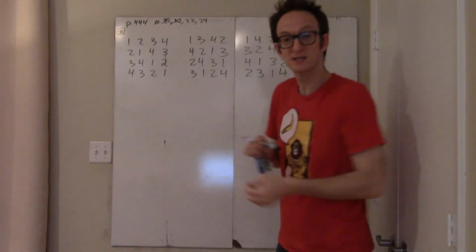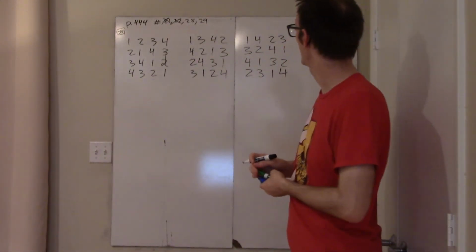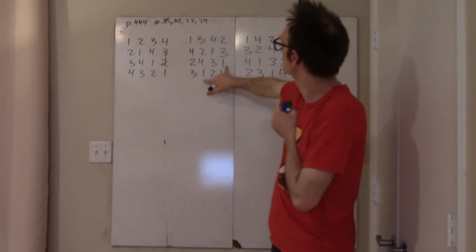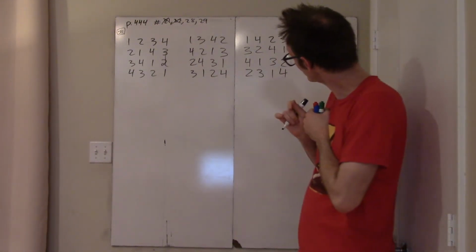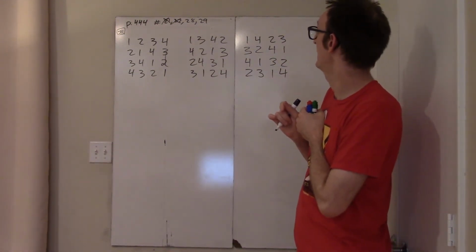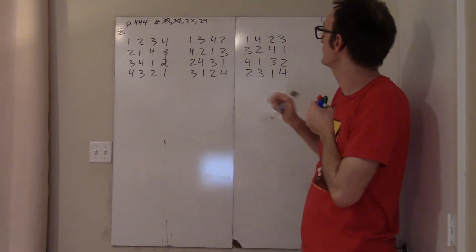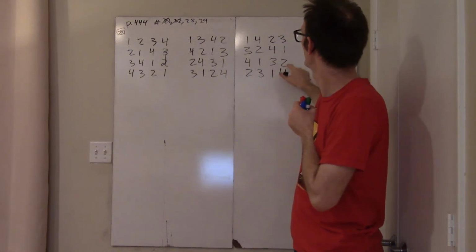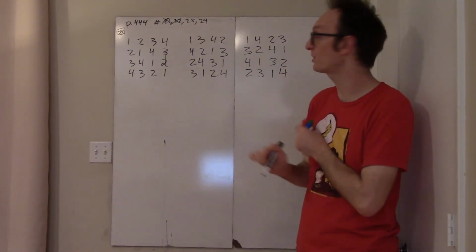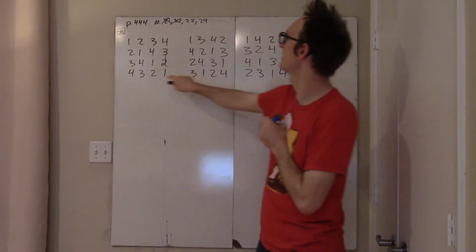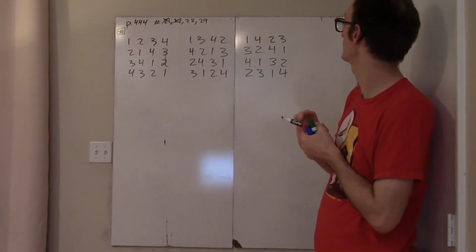I'm not going to waste camera time doing this right now, but you can go through, focus your eyes on where the ones are, and make sure that in those 4 spots, the 4 different numbers are represented. You'll see 1, 4, 2, 3, and you can do that for every number and show that these two are orthogonal, and then that these two are orthogonal as well.